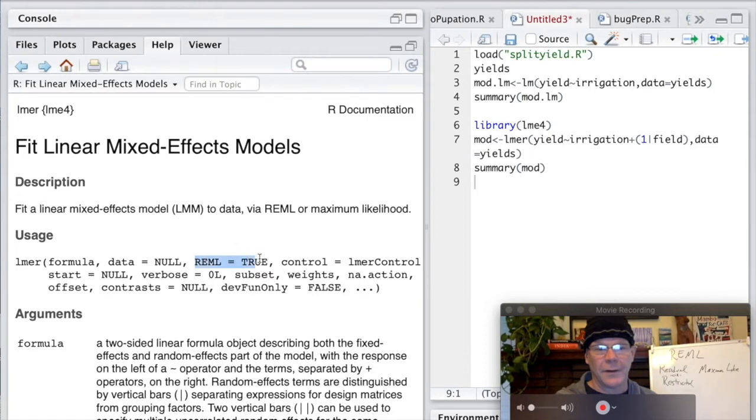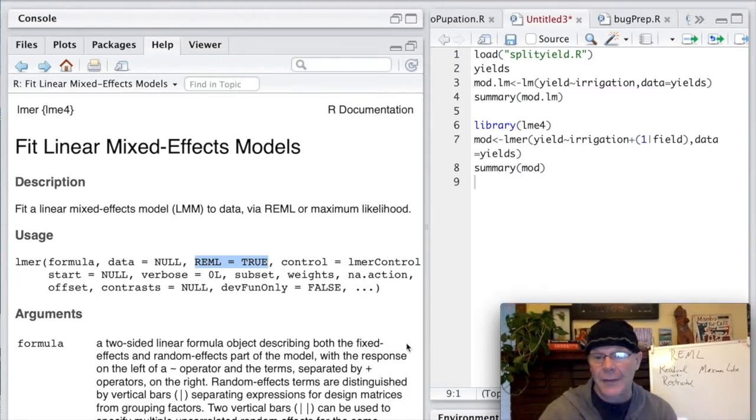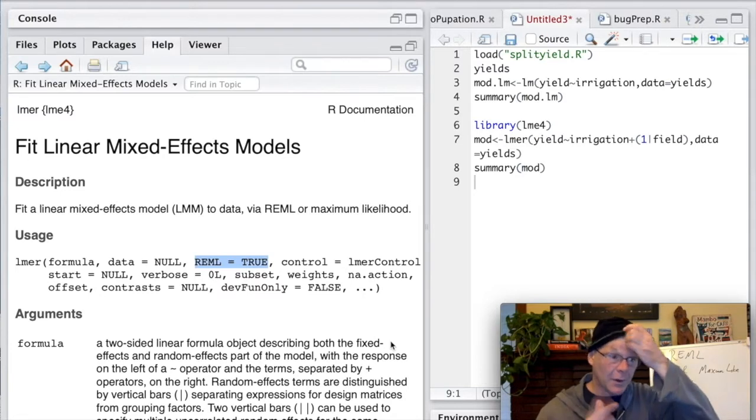Right here, there is an argument, REML equals. If you said REML equals false, then it would fit the entire model using maximum likelihood. And again, we'd rather not do that because even though maximum likelihood sounds a little bit more fancy, we know that it would be biased, and we'd like to have the best unbiased estimator that we could possibly have. Okay.